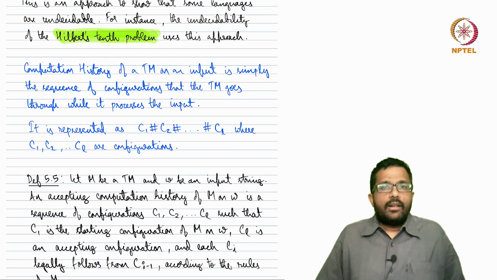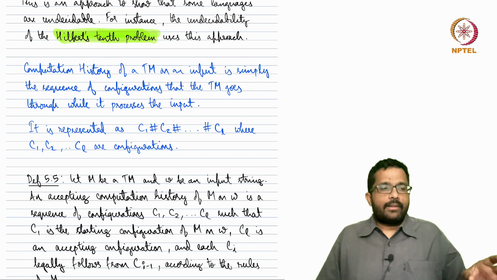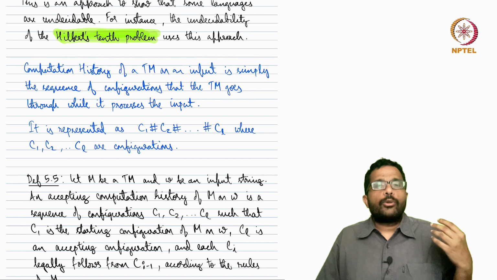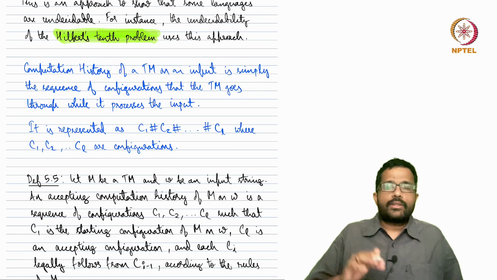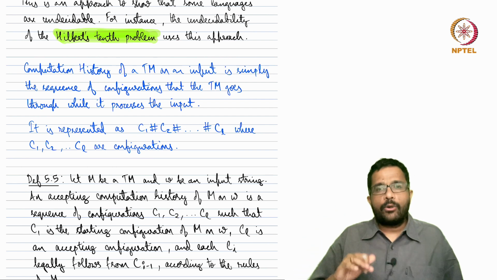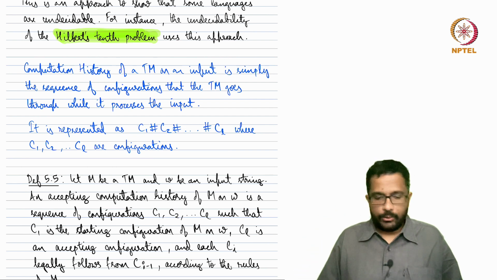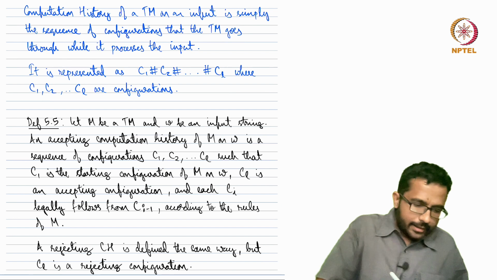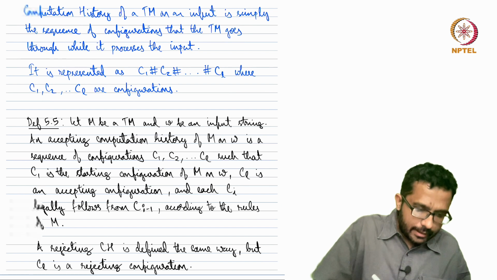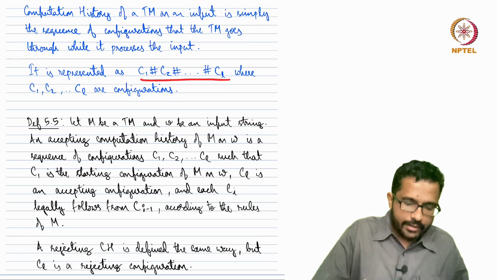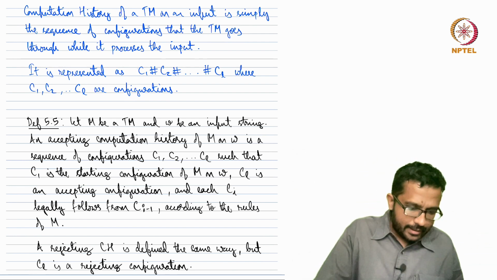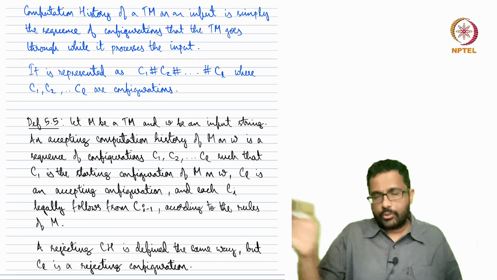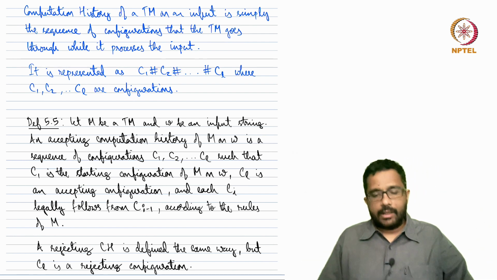The computation history of a Turing machine M on a string W is nothing but the sequence of configurations that M goes through while computing on W. It is written as a series of configurations like C1 hash C2 hash and so on up to hash CL, where C1 to CL are the configurations, and these hashes are simply delimiters to separate one configuration from the other.